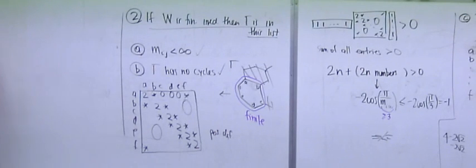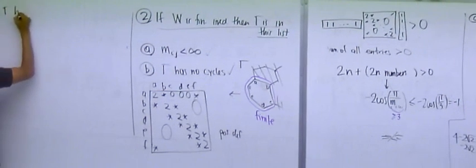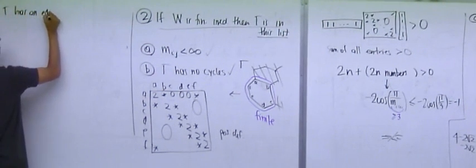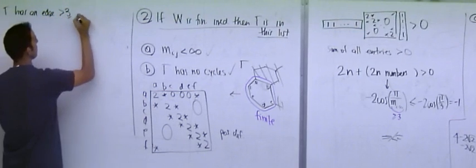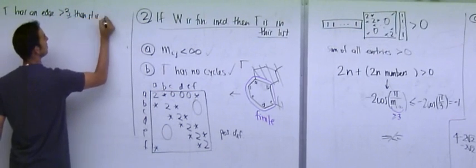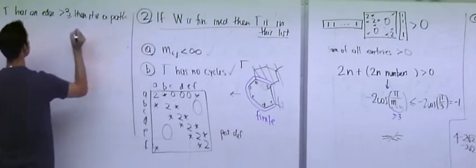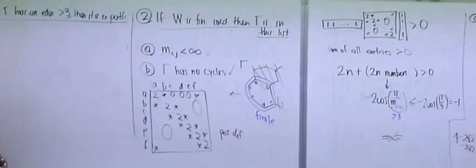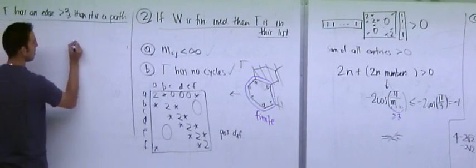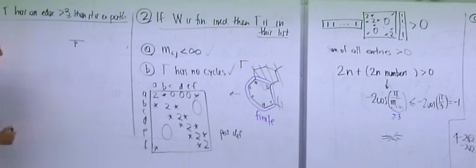So next thing, if gamma has an edge bigger than 3, then it is a path. You see that there, all these things that have numbers on them are paths. So how do I do that? Well, suppose not again. So suppose that we have some edge bigger than 3, and suppose that it's not a path.